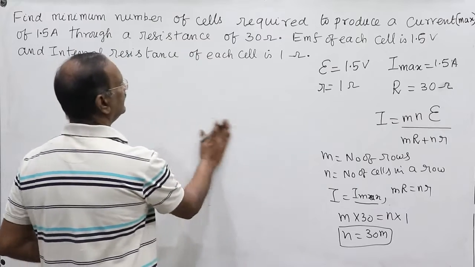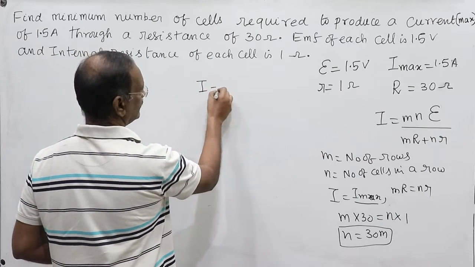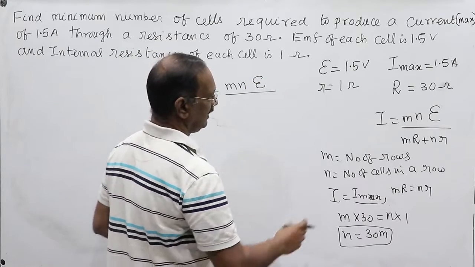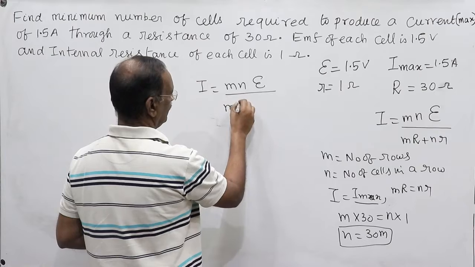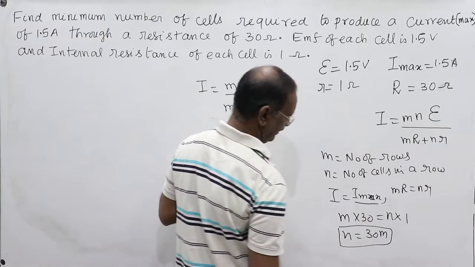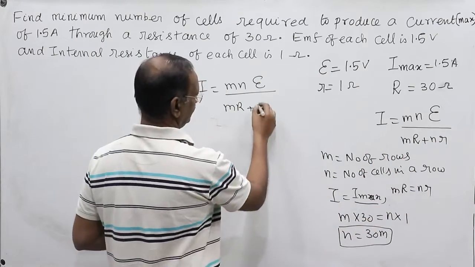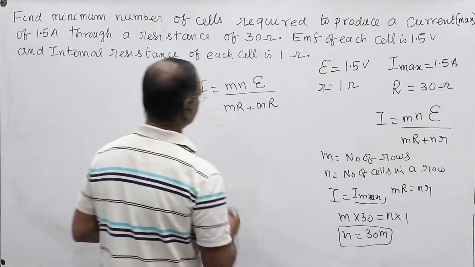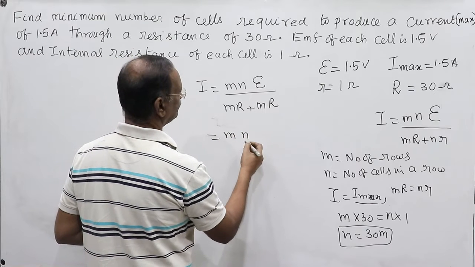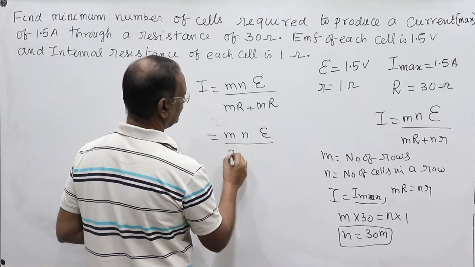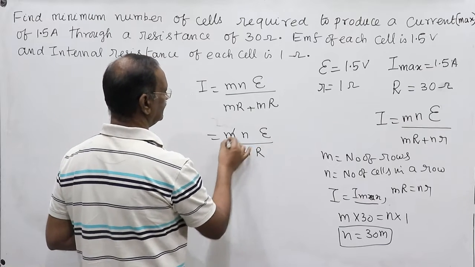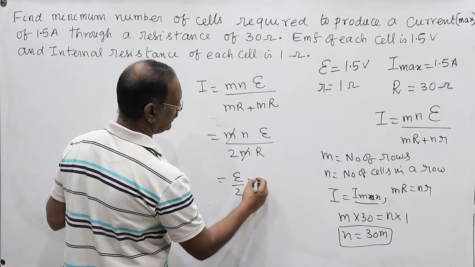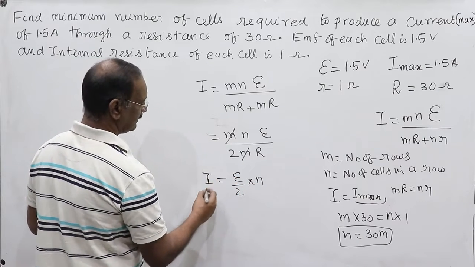Also we have I equal to m n epsilon naught divided by m r plus n r. In place of n r we can write m r, because both are equal. So this is equal to m n epsilon naught divided by 2 m r. The m cancels, so I is equal to n epsilon naught by 2 r.